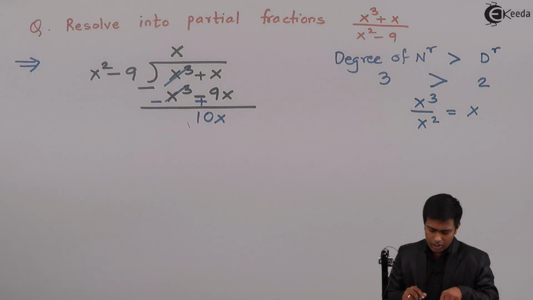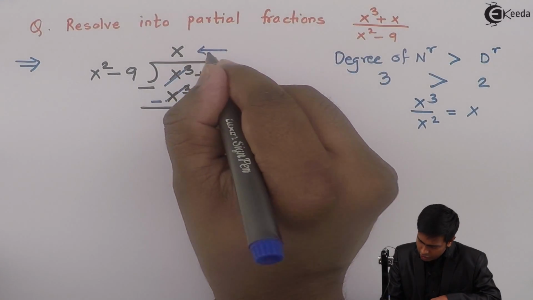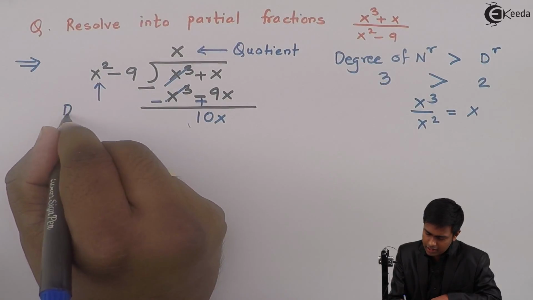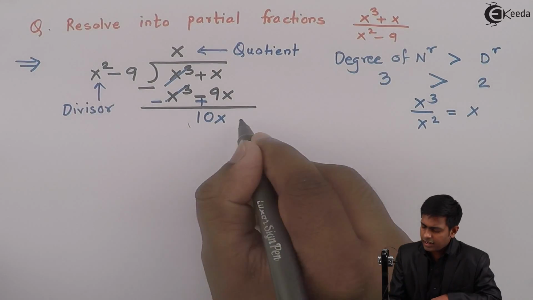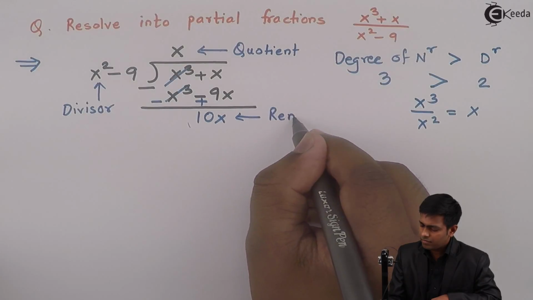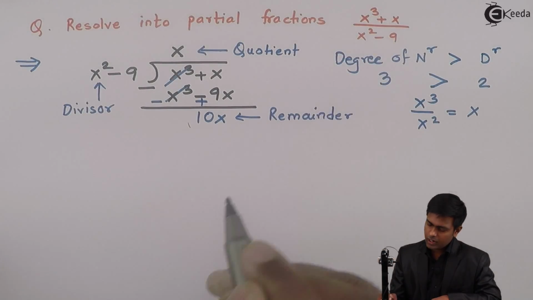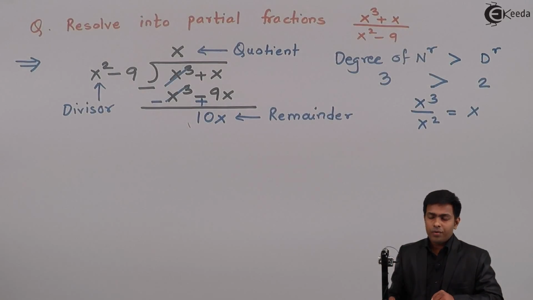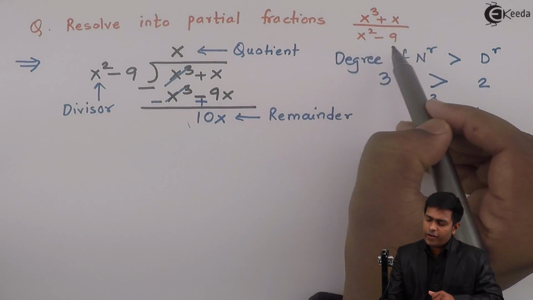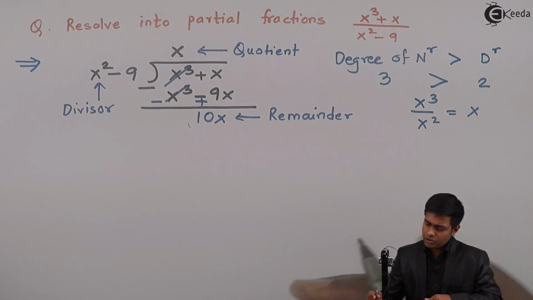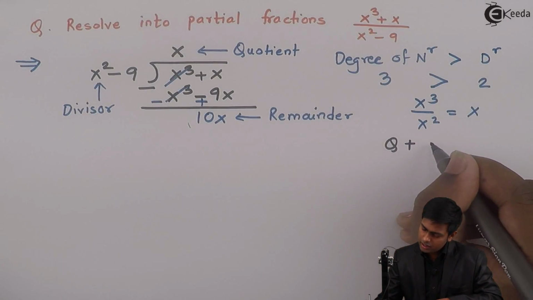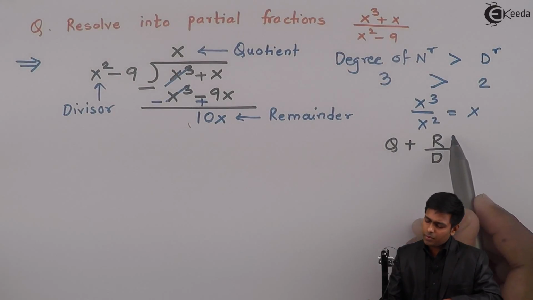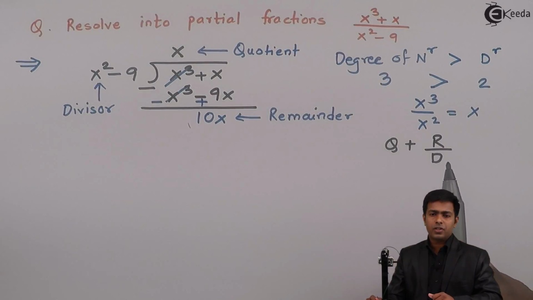So now here we got the quotient, this is the divisor, and in the end we got the remainder. And now we will represent the given fraction in terms of quotient plus remainder upon divisor, and then for this term r upon d we will perform the partial fraction.